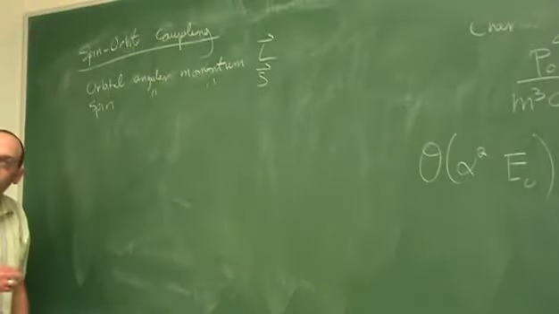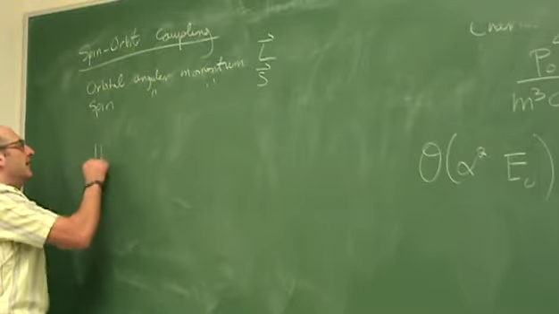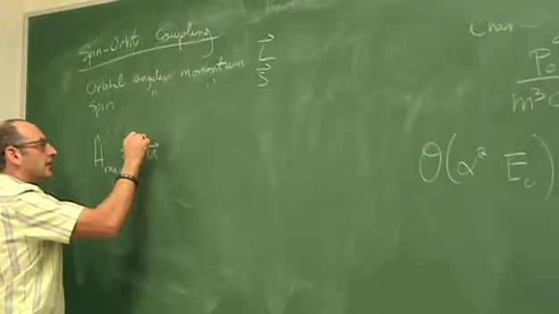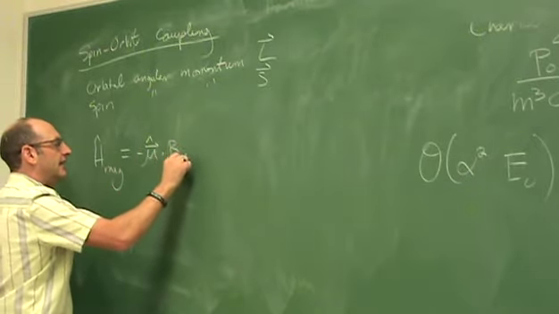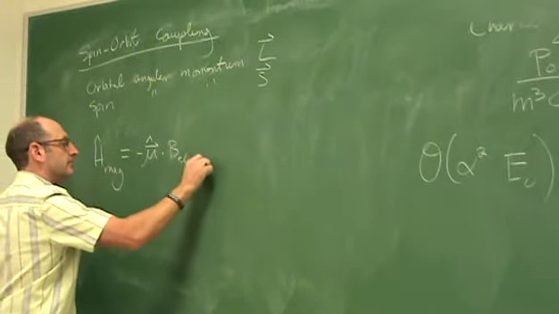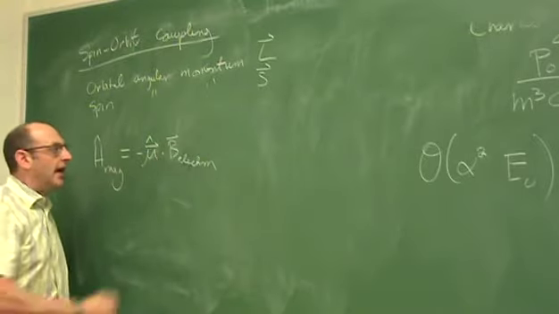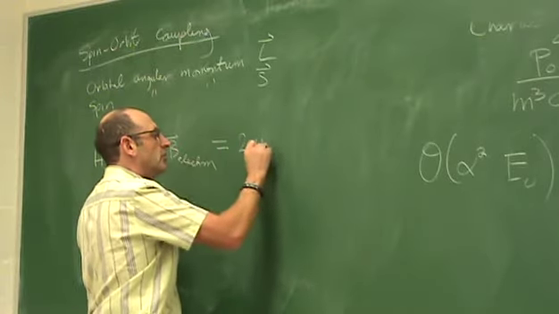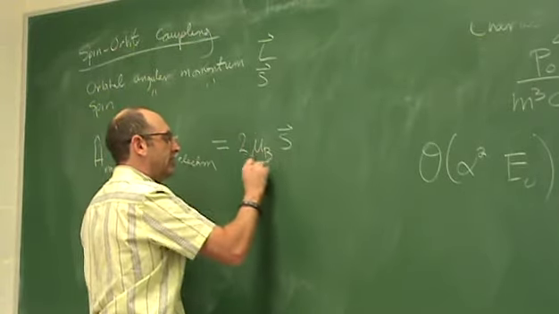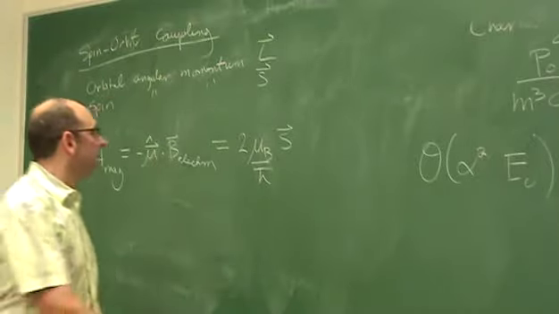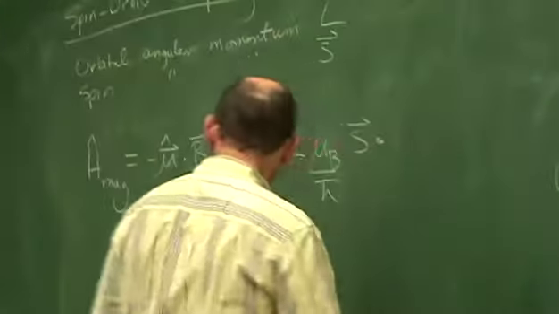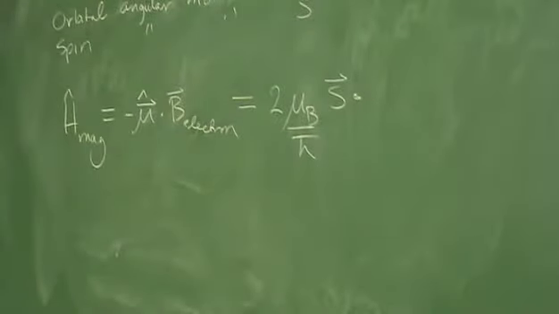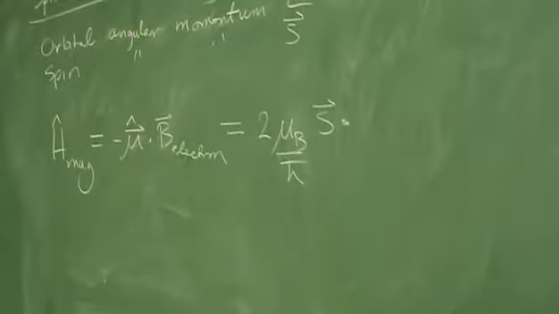Well, before, what did we have? I claimed that the magnetic effect here was minus mu dot B seen by the electron. And mu, we said, was minus 2 mu B times S over h bar. And that should be dotted then into the magnetic field seen by the electron.